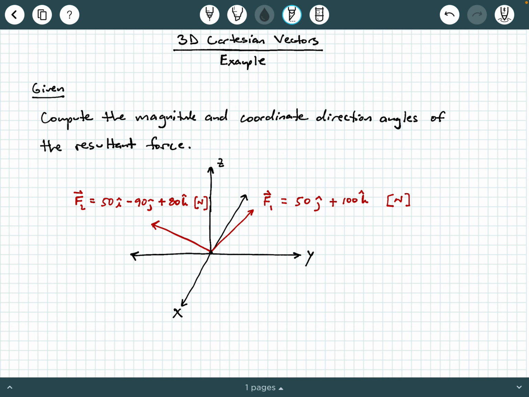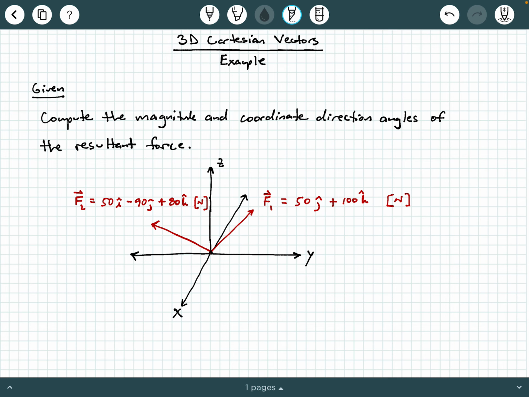It is not sweeping in an x direction. The x component is 0. Now, what about F2? Well, F2 has all three components engaged. It has an x component of 50, a y component of -90, and a z component of +80, and both of these force vectors carry units of newtons.